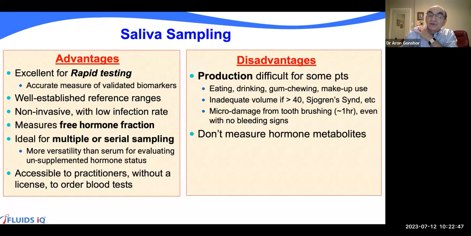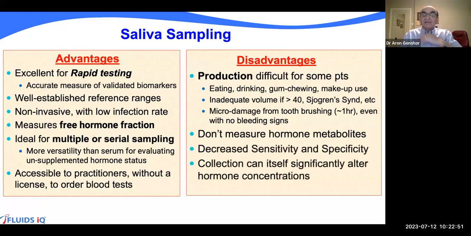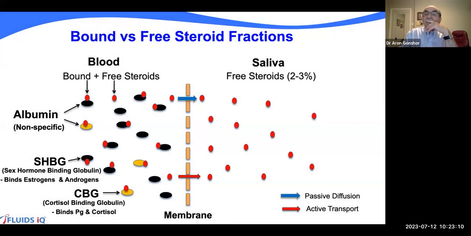And it doesn't measure hormone metabolites. Very important. It decreases sensitivity and specificity for some of these analytes because we see them in such small concentrations in saliva relative to serum. And the collection itself, if not done properly, can significantly alter the concentration of the hormones. But what do we see?